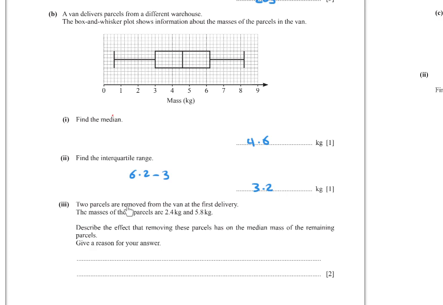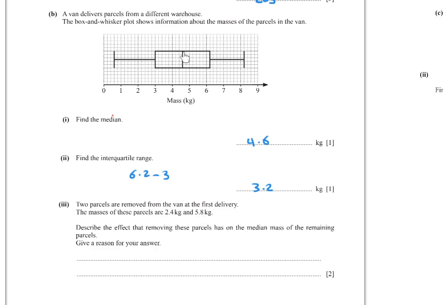Two parcels are removed from the van at the first delivery. The masses of these parcels are 2.4 kg and 5.8 kg. Describe the effect of removing these parcels on the median mass of the remaining parcels. Give a reason for your answer. So this is 2.4 and this is 5.8.